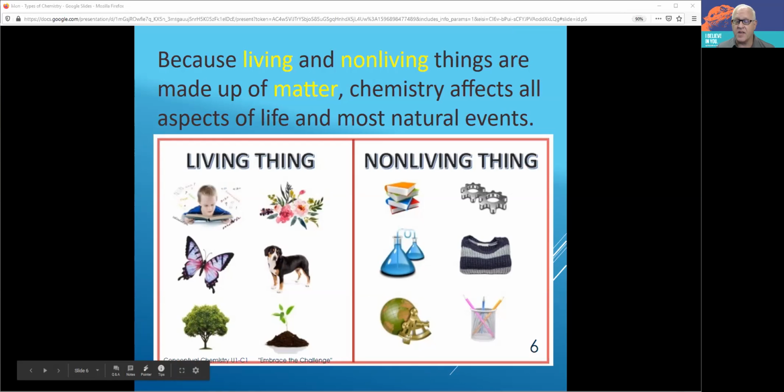Among non-living things, we have books and metals and liquids and chemicals and clothing and different kinds of implements, tools. So there's a variety of things that are both living and non-living, and they're all made up of matter.